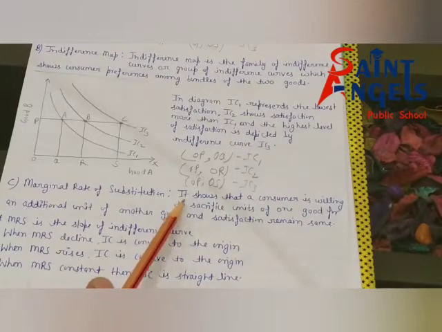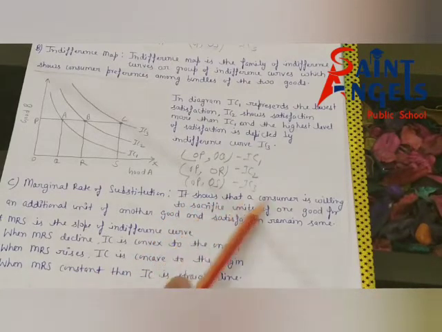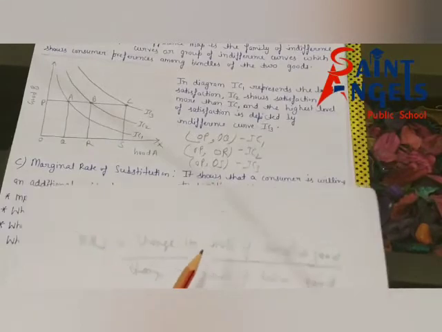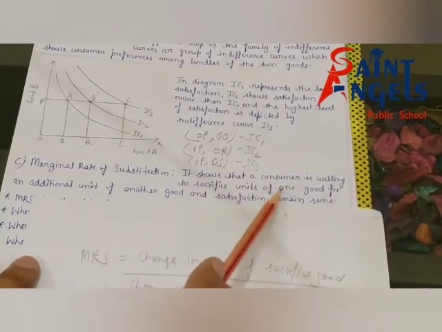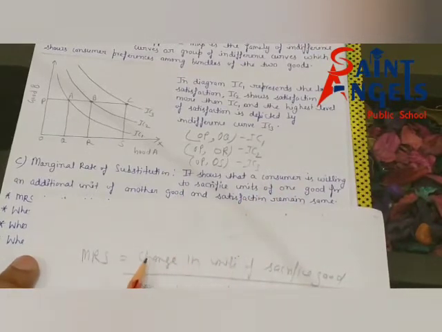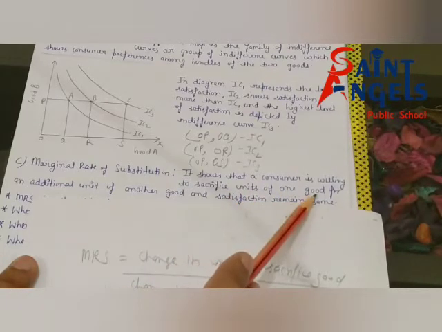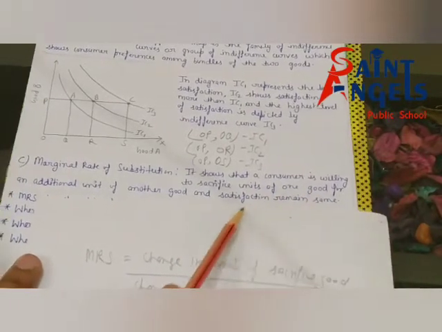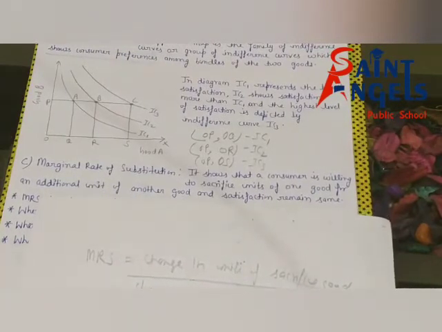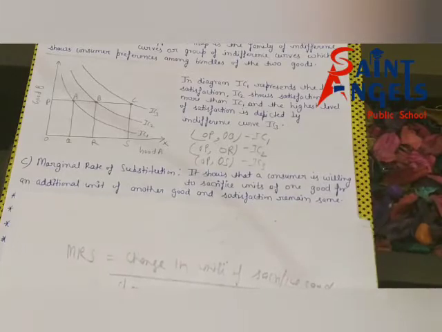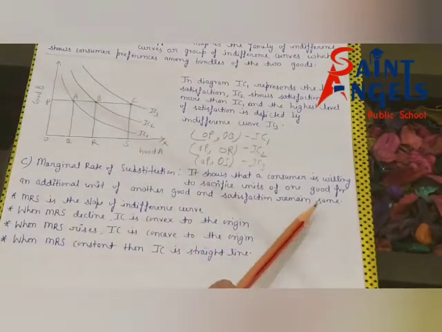Now we will try to understand this definition with the help of the formula. Sacrificing units of one good means sacrificing a good for an additional unit of another, gain good, and satisfaction will remain the same.